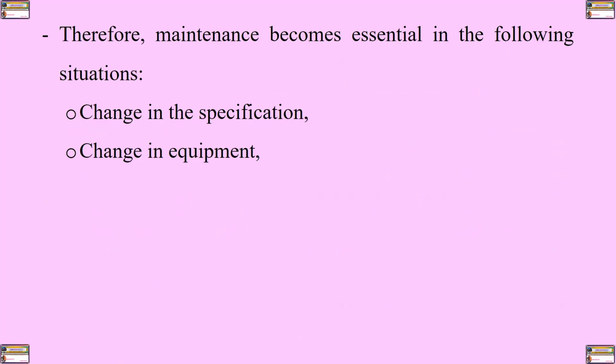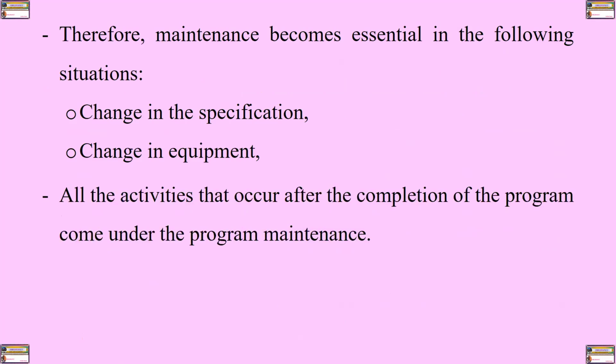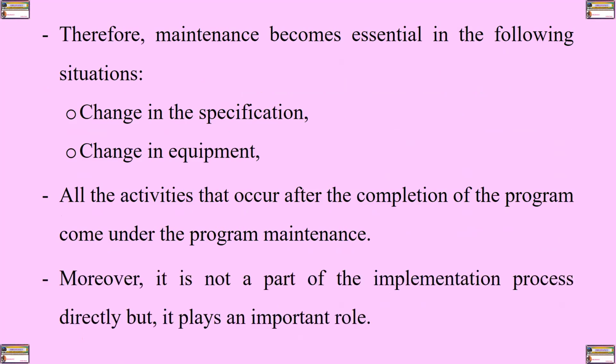Therefore, maintenance becomes essential in the following situations where there is a change in the specification or a change in equipment. All the activities that occur after the completion of the program come under the program maintenance.